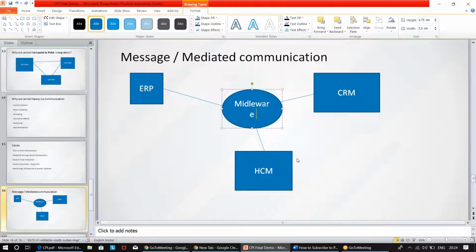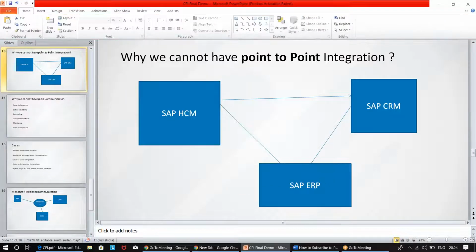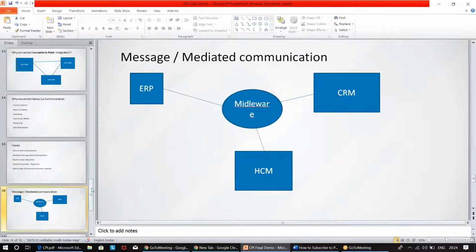Think of this particular use case, because it just came to me right now. Every time it has to make two calls to check. But if you have a middleware in place, and based on a certain logic you have to trigger your business partner to CRM or HCM, you can write that kind of logic in your middleware.